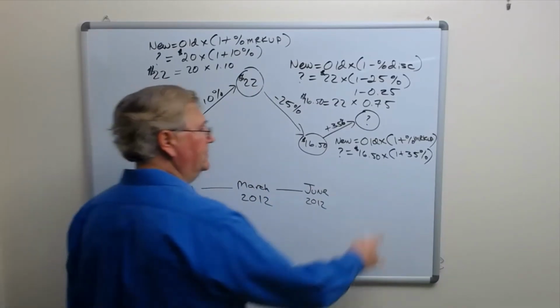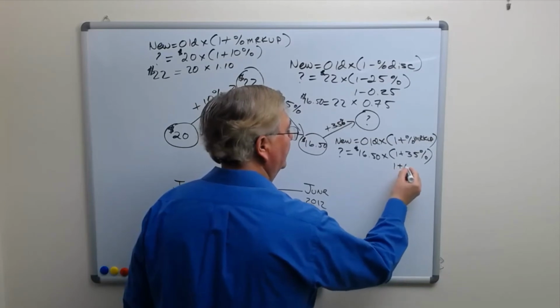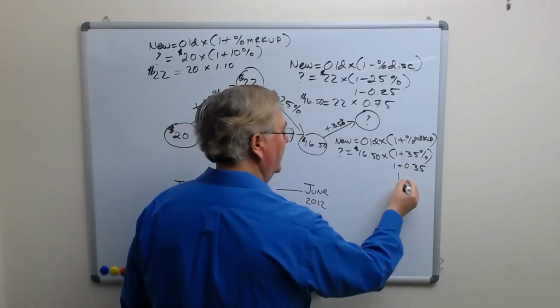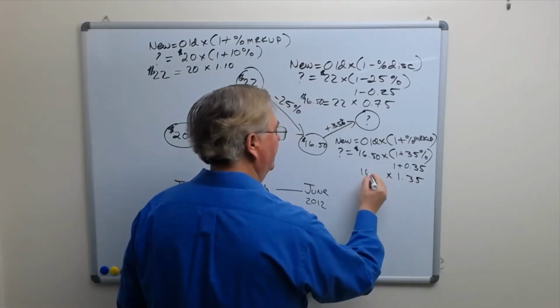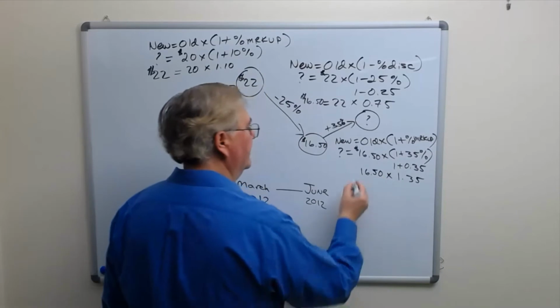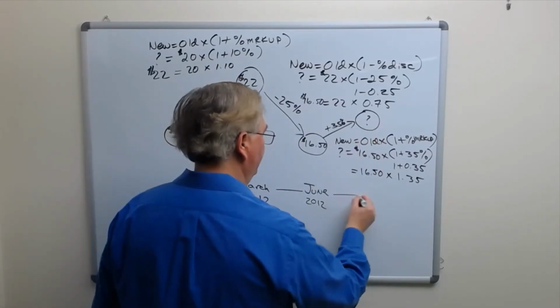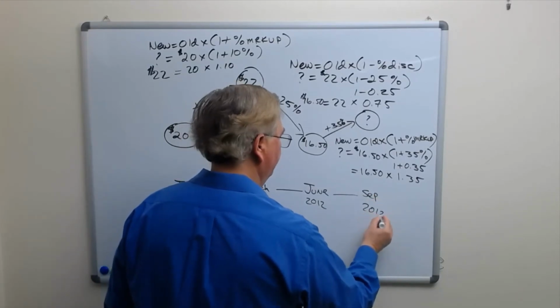Work the parentheses first. 1 plus 35% is 1 plus 0.35, otherwise known as 1.35. Multiply that by 16.5, and we should get our answer for the end of September, Q3.